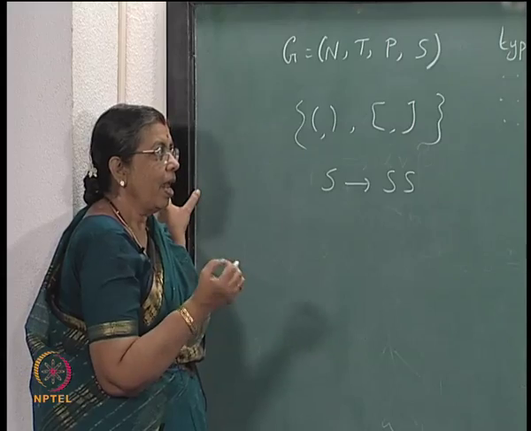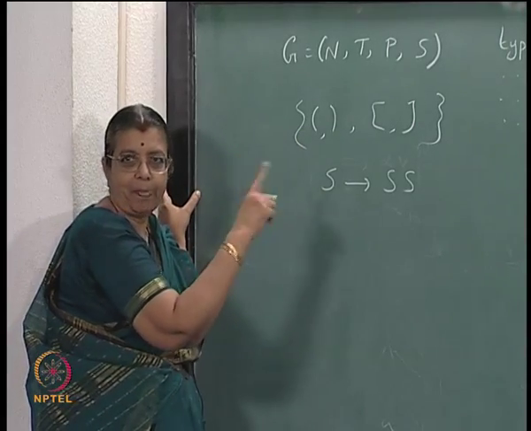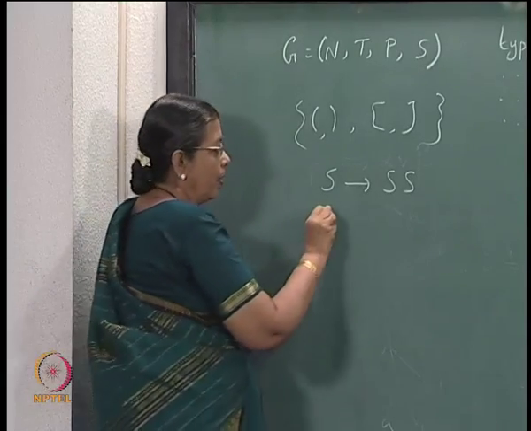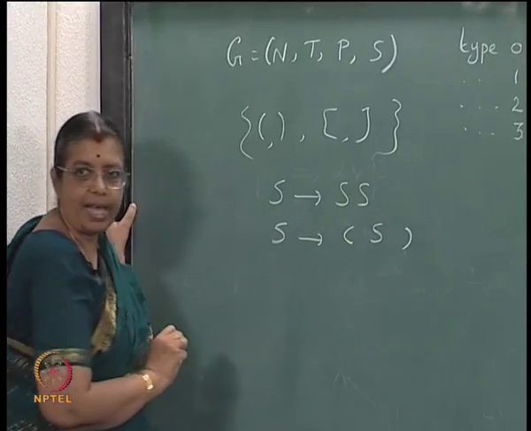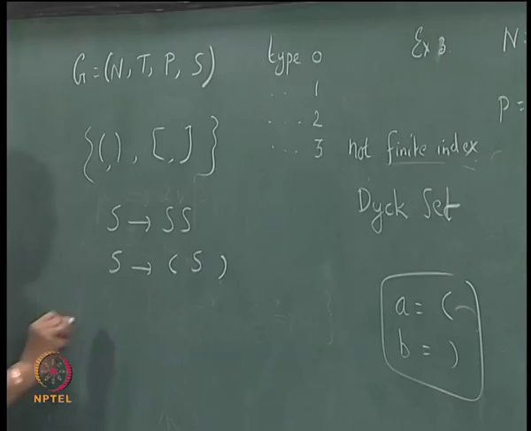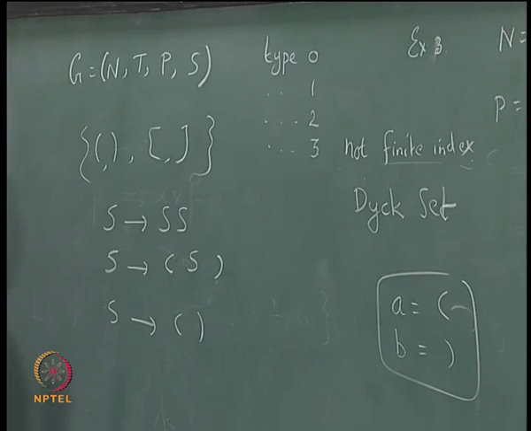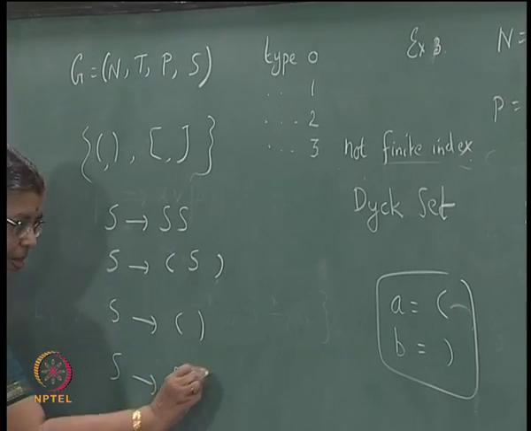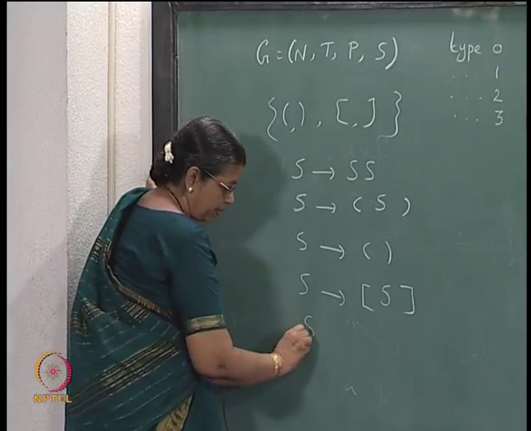Then when you generate one left parenthesis, you must generate the right parenthesis. In between you must allow for nesting. So, S goes to this should be there, and to terminate also you should have this, and similarly for the other one also you should have. So, S goes to this and S goes to this.